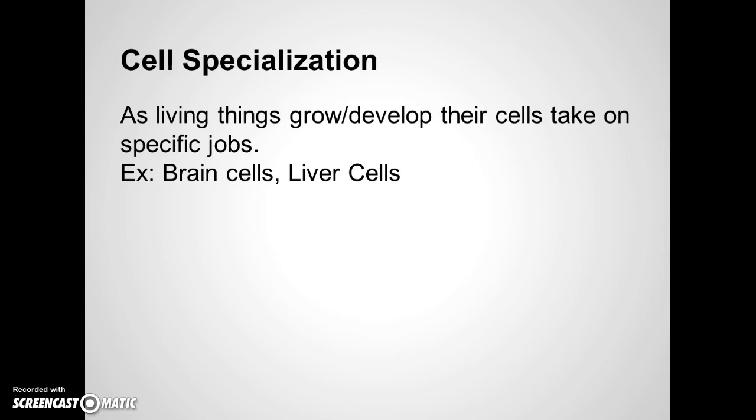So for example, what start out as stem cells can become eventually a brain cell, which is a nerve cell, or it can become a liver cell, or a muscle cell, or a skin cell, or any of the cells that are in your body, and each of those have a special job. They make specific proteins for that job.